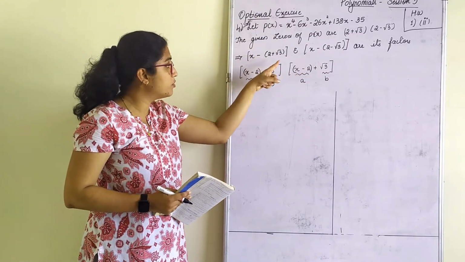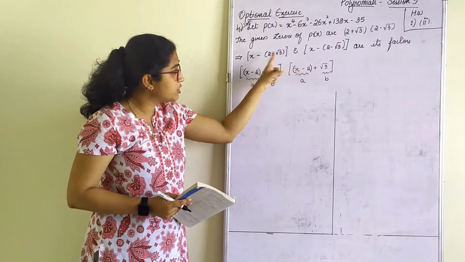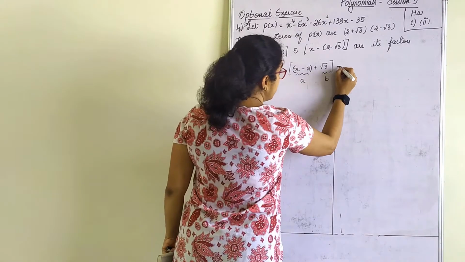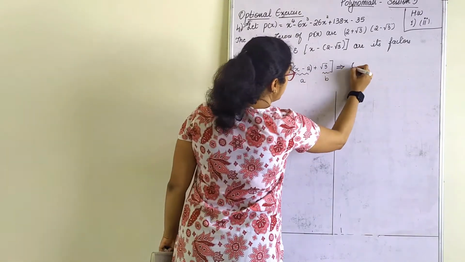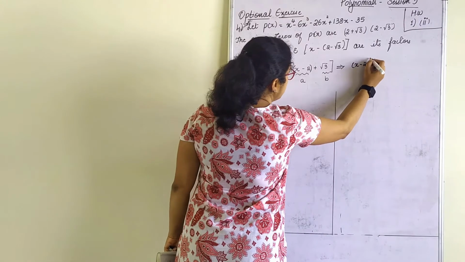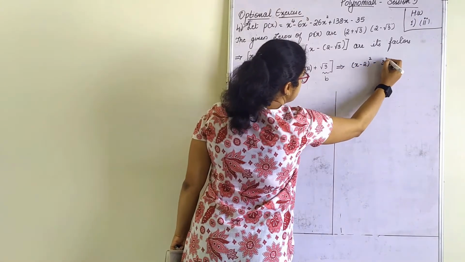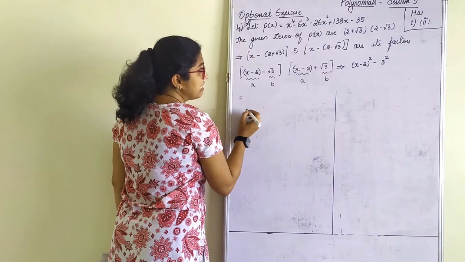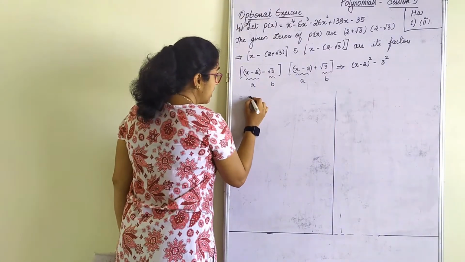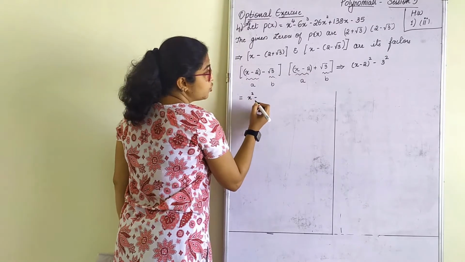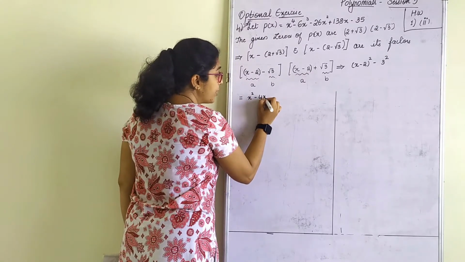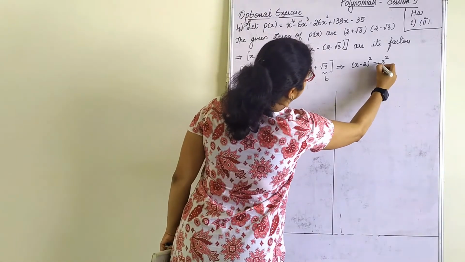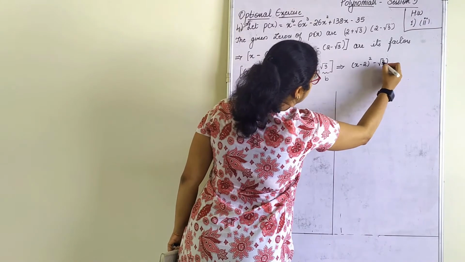I have only removed the bracket, but after that I got x minus 2 same. One is minus, one is plus. That means it is a square minus b square, which is nothing but x minus 2 whole square minus root 3 square. Simplify that now, which is nothing but x minus 2 whole square: a square minus 2ab, 2 2s are 4x, plus 4, minus root 3 square.